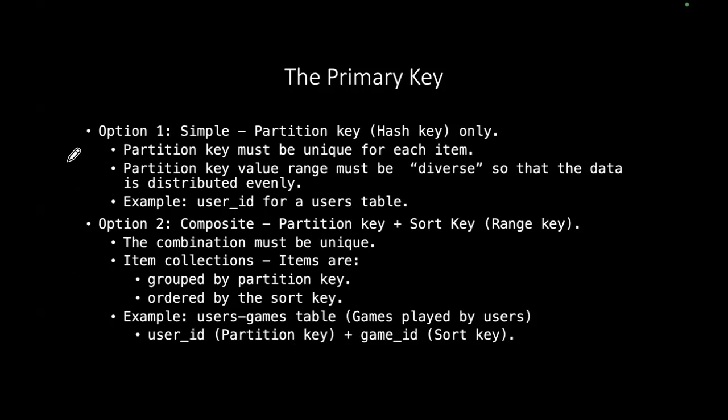Option one is what's called a simple primary key. A simple primary key would be where the primary key is one particular attribute. It has one value. Yeah. So that's kind of what you would understand as being the primary key from other studies that you've done.